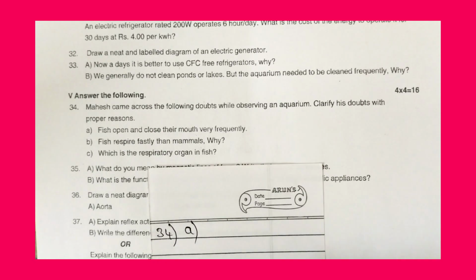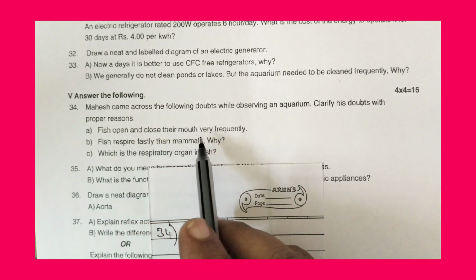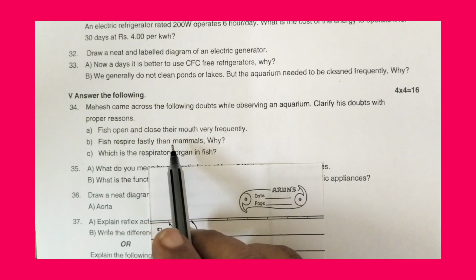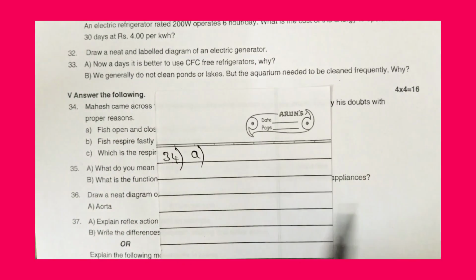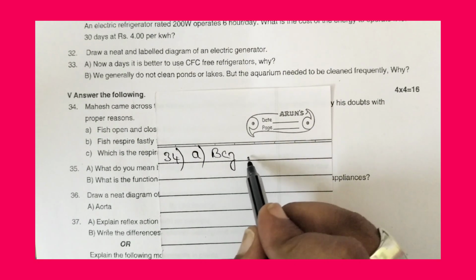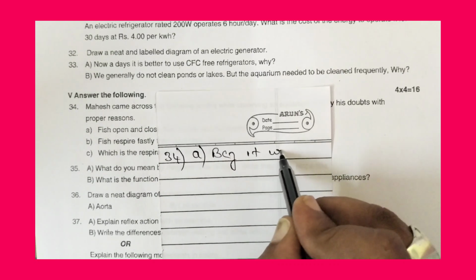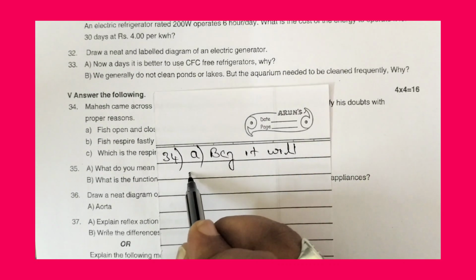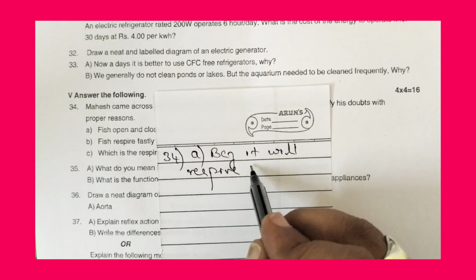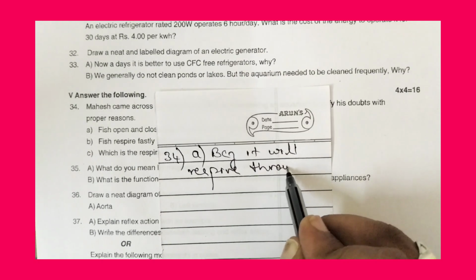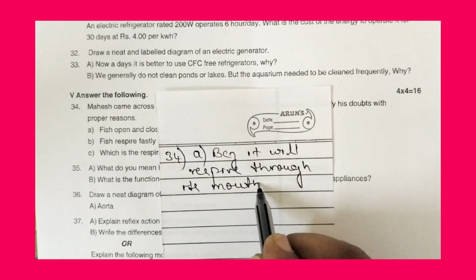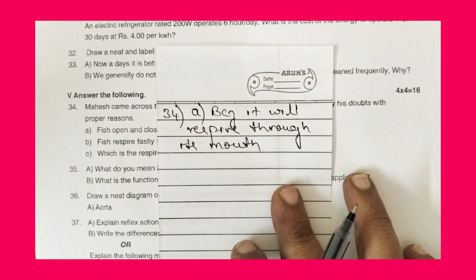It is A. Fish opens and closes their mouth frequently, it has been given. Fish open and close their mouth very frequently because it will respire through its mouth.